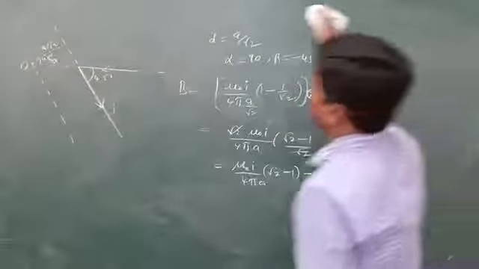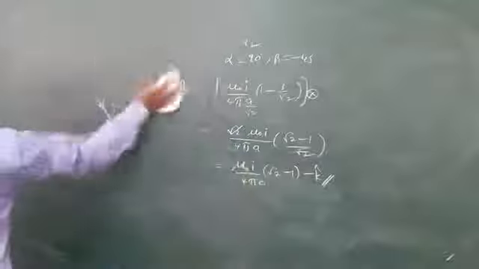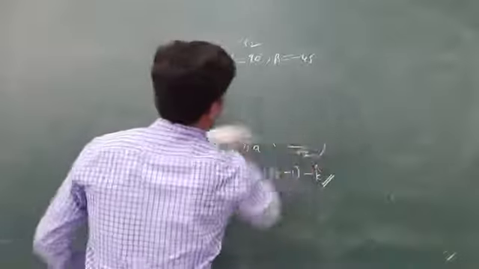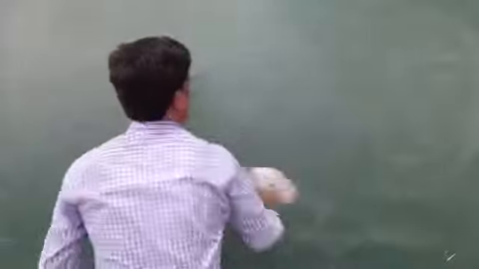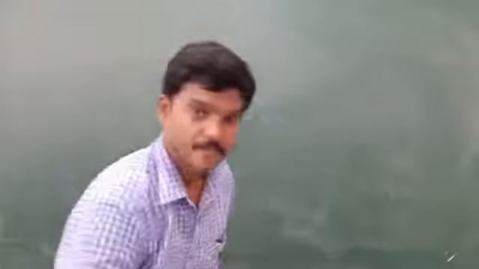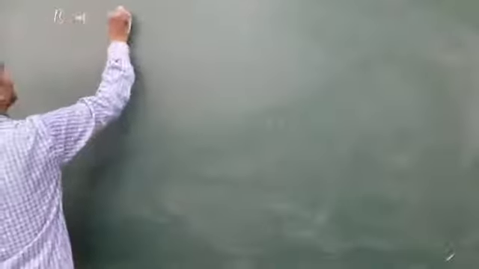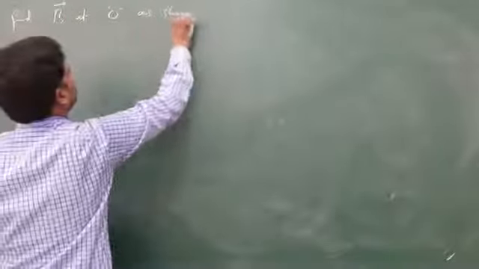Let us see one more good question. Again we need to find the magnetic field at point O as shown in the figure. See, the given figure looks like this.